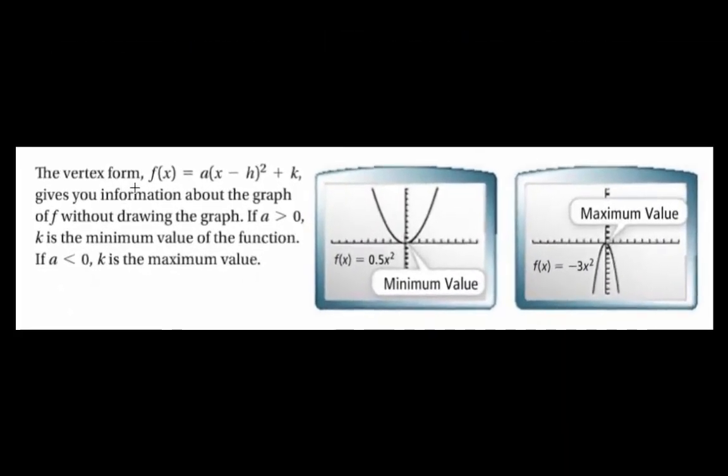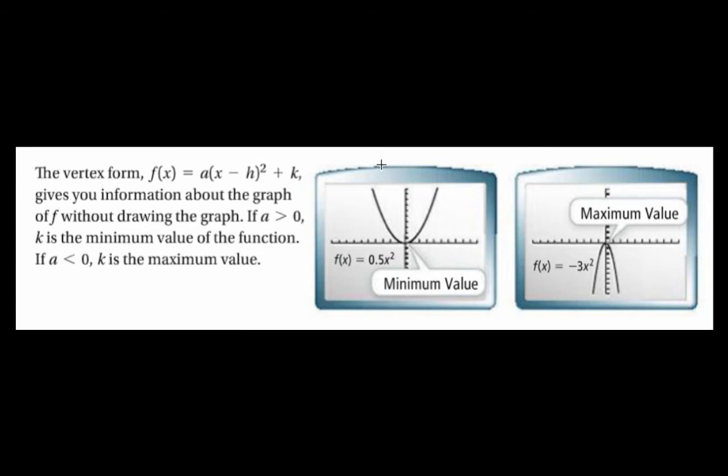So the vertex form, f of x equals a times the quantity x minus h squared plus k, gives you information about the graph of f without drawing the graph. If a is greater than 0, k is the minimum value of the function, okay, the translation part. If a is less than 0, then k is going to be the maximum value, okay?